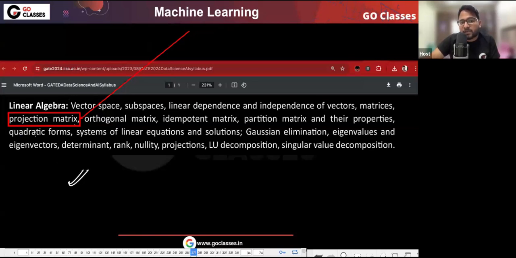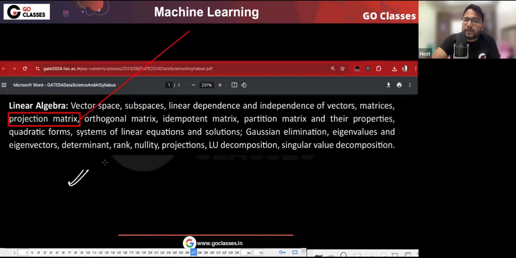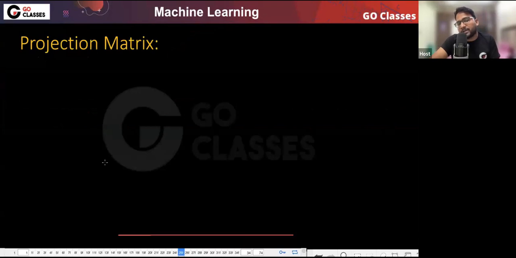You might remember the projection was Ax or A x cap, where x was this. The projection matrix is a matrix such that, let's suppose you want to project this b onto this A, then instead of doing all of this drama, I want to have something like this capital P, which I'm calling the projection matrix.